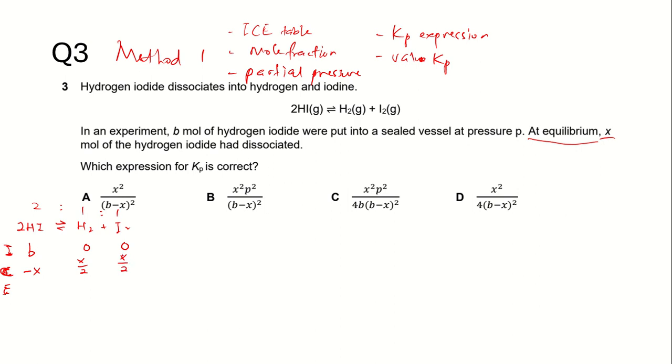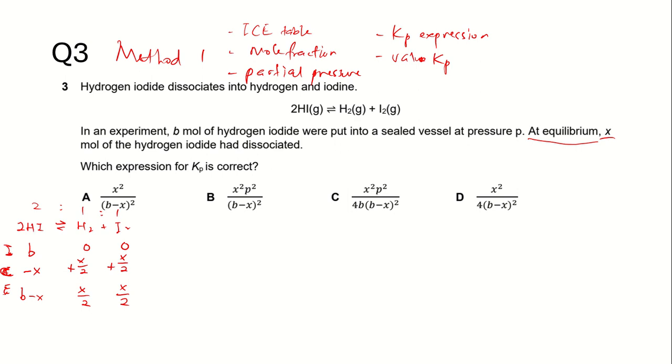Iodine also X over 2 because the mole ratio is 2 to 1 to 1. Now, HI is a reactant, so the number of moles will reduce, that's why minus X. But products, the number of moles will increase because products are being produced. So this becomes positive, positive. So at equilibrium, we will have B minus X mole of HI, X over 2 mole of hydrogen, X over 2 mole of iodine. So we have the number of moles of each of them at equilibrium.